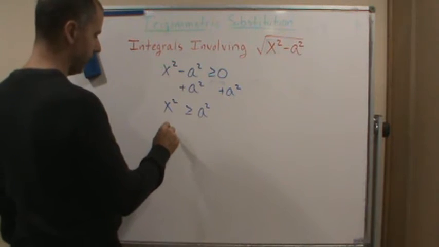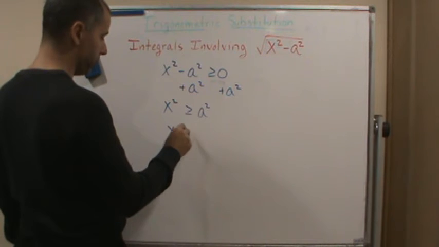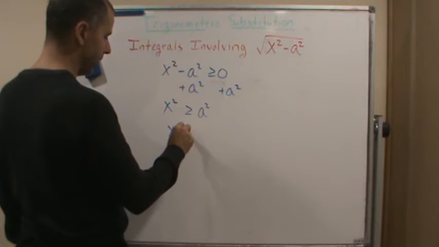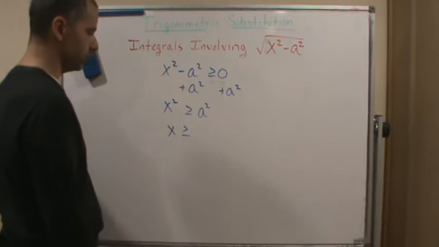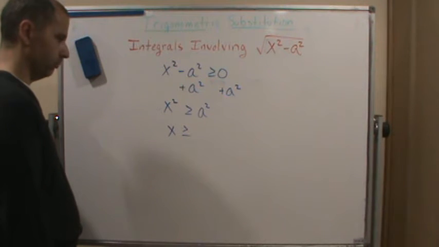And then if we take the square root of both sides, we get x is greater than or equal to plus or minus the absolute value.